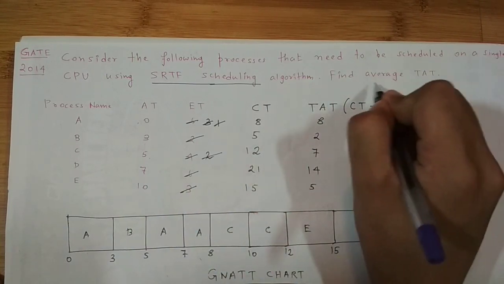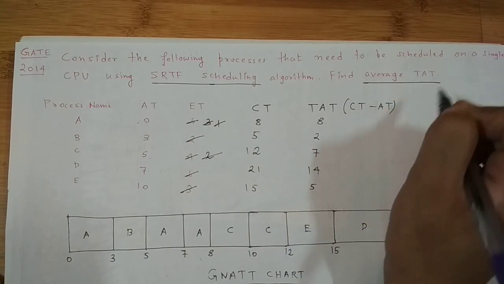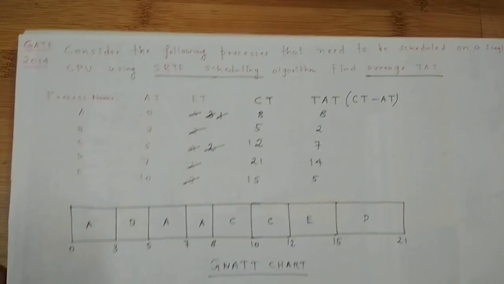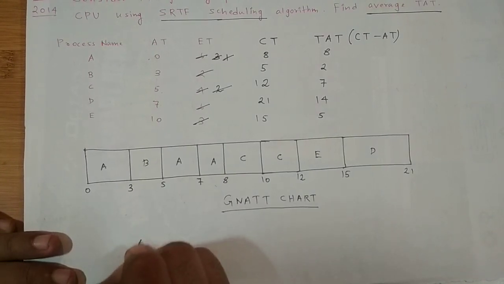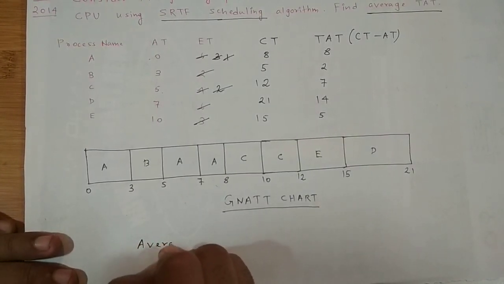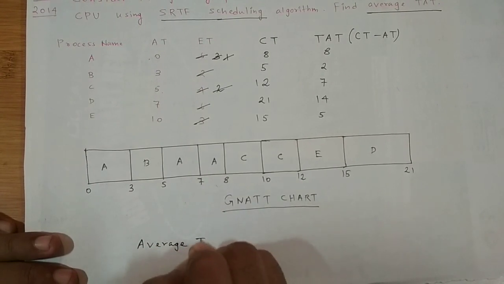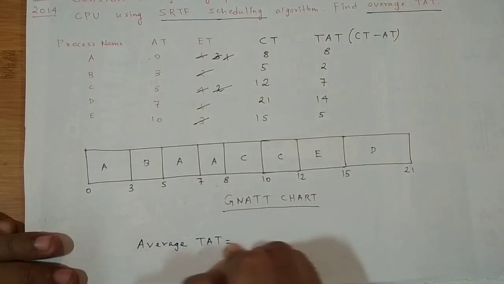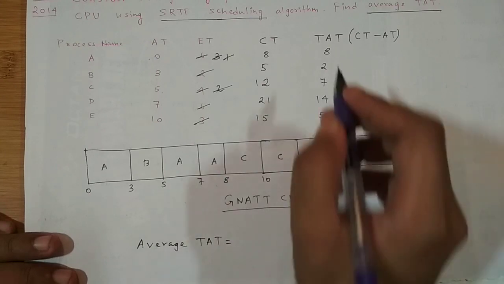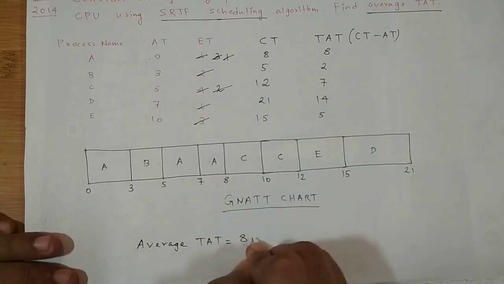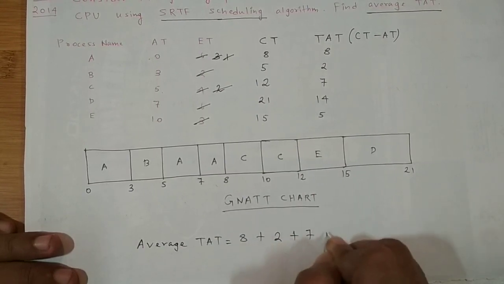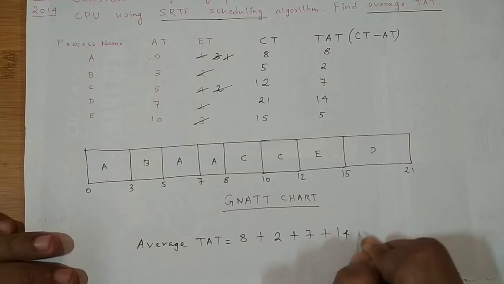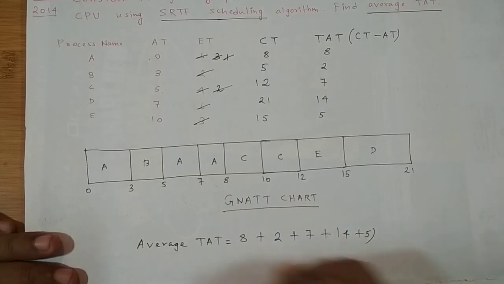So we were asked to find the average turnaround time. In order to find it, I can simply find the mean of the turnaround times of the processes. So I have the turnaround times with me: 8 plus 2 plus 7 plus 14 plus 5.